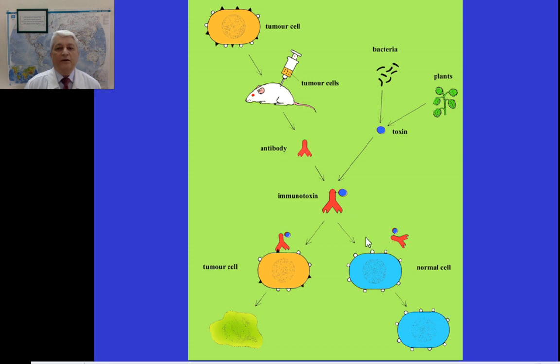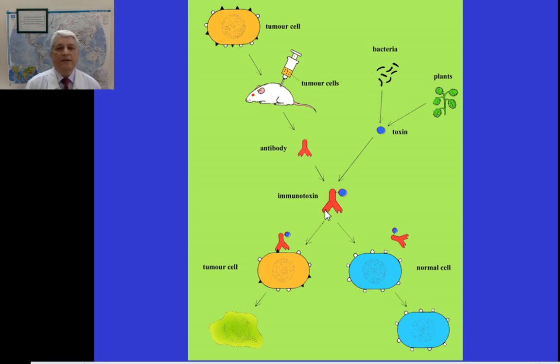If a normal cell is on the way of this immunotoxin, there will be no interaction, because there are no these black pathological antigens on the surface of the normal cell, and the normal cell will survive.